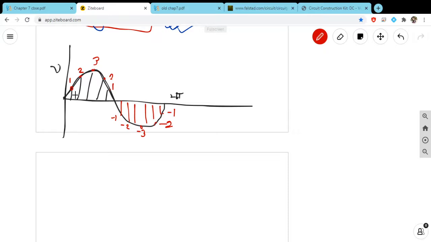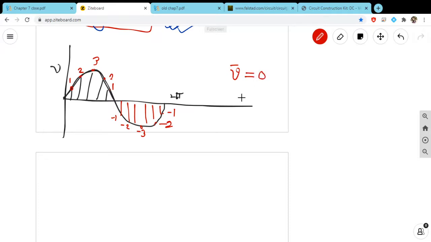What is the average of all these values? You will find it is 0, because 1 plus 2 plus 3 plus 2 plus 1 minus 1 minus 2 minus 3 minus 2 minus 1 sums to zero. The average voltage can be indicated by V bar, so the average value is 0.